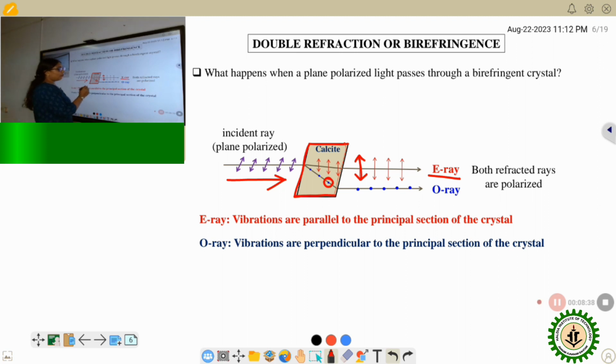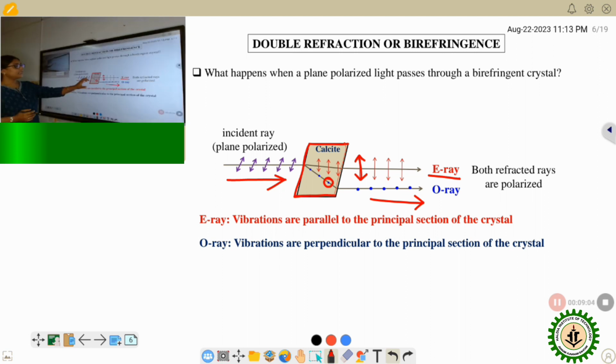So O rays have vibrations perpendicular to the principal section of the crystal. So when a plane polarized light falls on a doubly refracting crystal, we again get two plane polarized rays moving along the same direction, but they have mutually perpendicular electric field vibration directions.